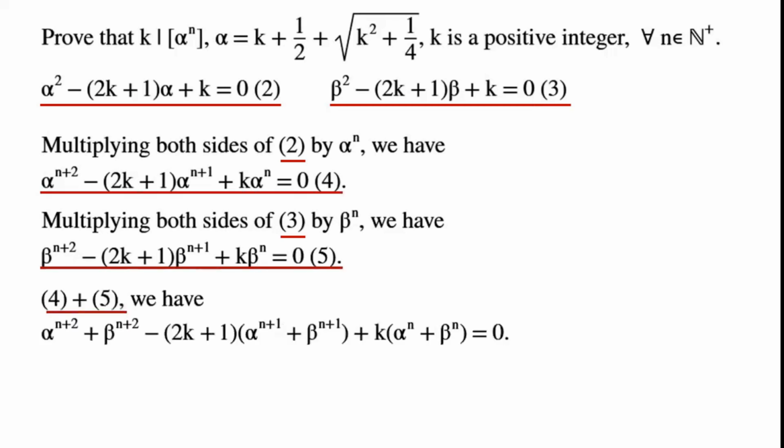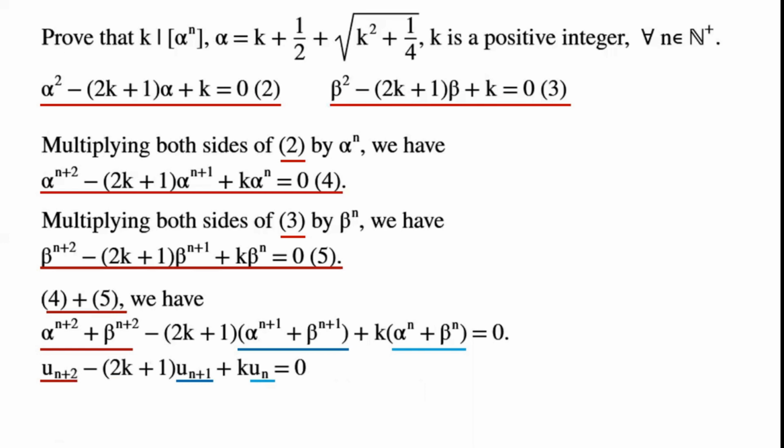Equation 4 plus equation 5, we have alpha to the power of n plus 2 plus beta to the power of n plus 2 minus 2k plus 1 times alpha to the power of n plus 1 plus beta to the power of n plus 1 plus k times alpha to the power of n plus beta to the power of n equals 0.